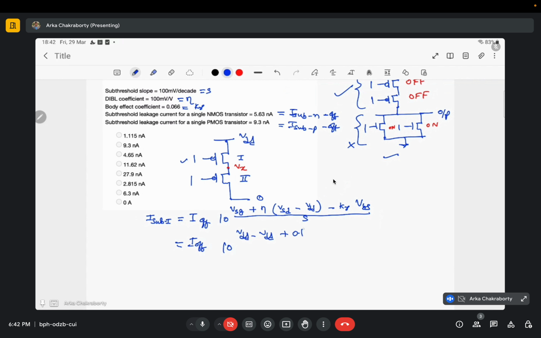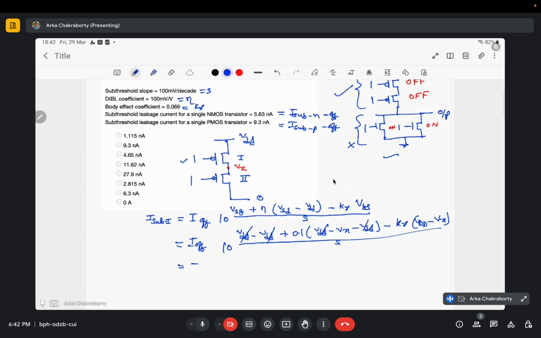Eta is 0.1, Vs is VDD, Vd is Vx, so VSD is VDD minus Vx, minus K gamma, Vb is VDD, and Vs is Vx, divided by S. Cancel, cancel.